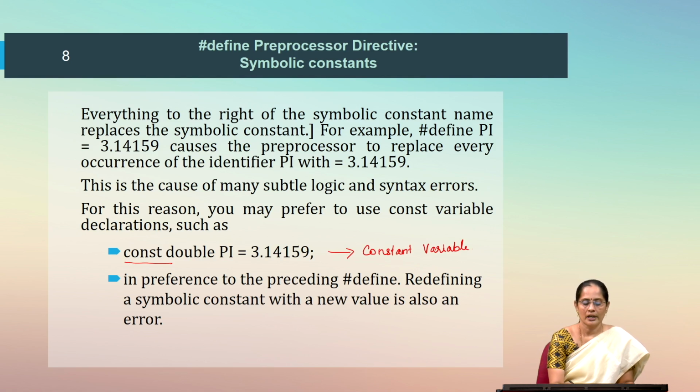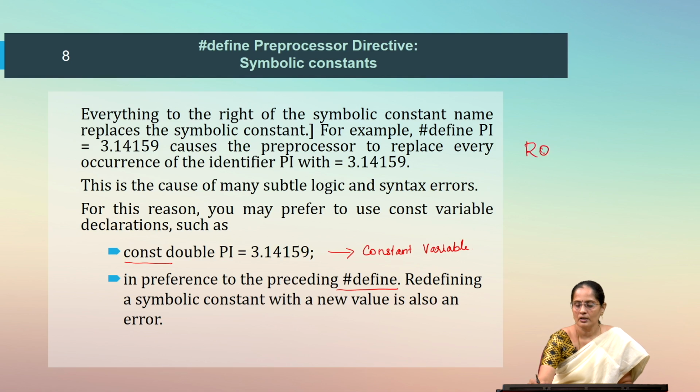Okay. So, for that we will be using hash define as the preprocessor directive to make it a symbolic constant. Assume that I go for declaring a banking application to calculate the simple interest.